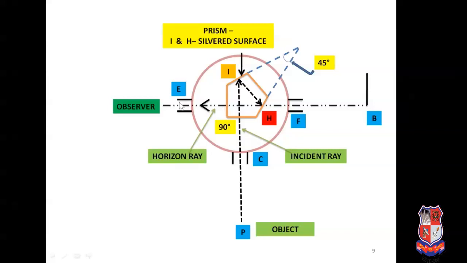So the observer who is looking through the slit E is able to see the image of the object at location P, that is the ranging rod at P, on this H surface, together with the image of the ranging rod B through the peep hole which is provided on the top of the prism.